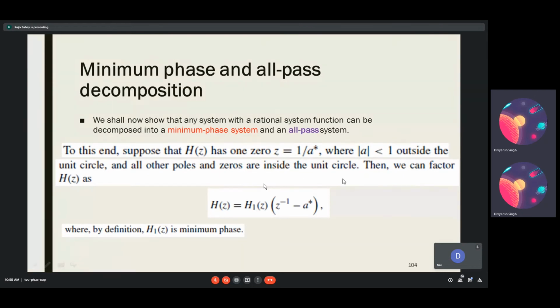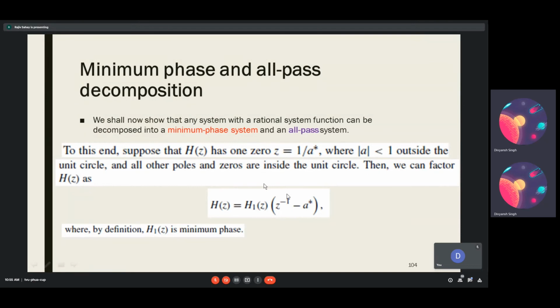Then what shall I do such that I get a minimum phase system, which has all poles and zeros inside the unit circle, and an all-pass system? Are you able to understand where we are going? We are trying to remove this problem. Suppose H of z has one zero which is outside the unit circle and all other poles and zeros are inside the unit circle.